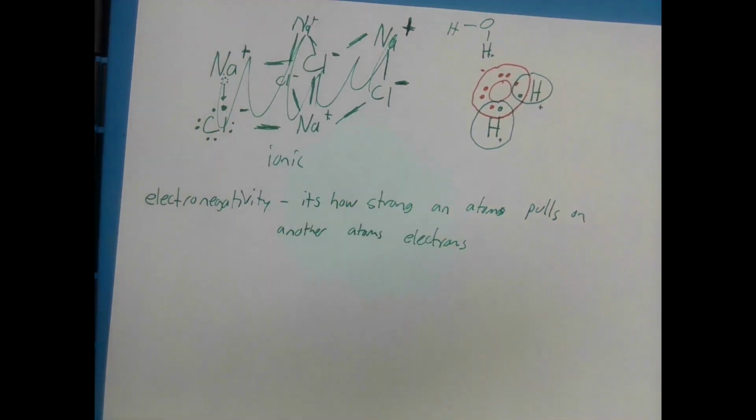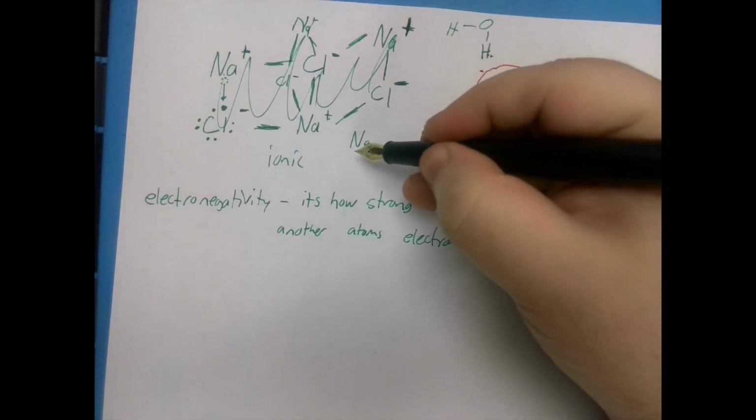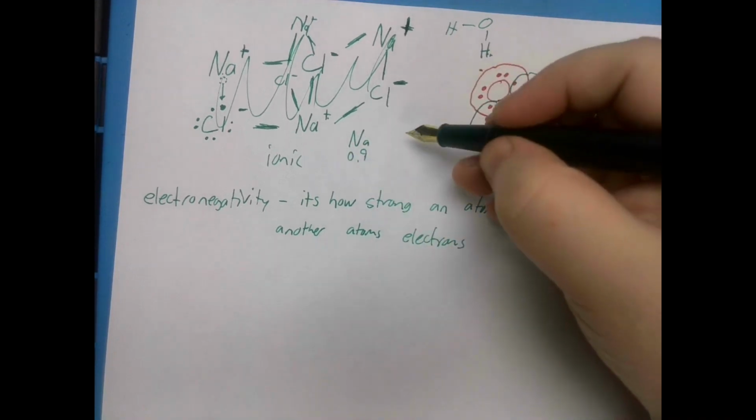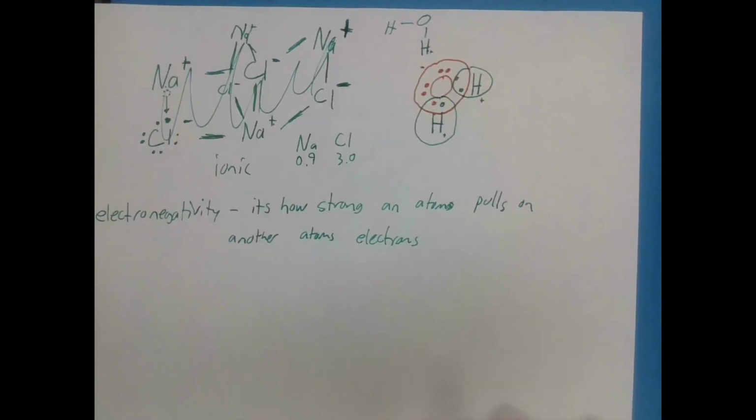So sodium has an electronegativity of 0.9, and chlorine has an electronegativity of 3.